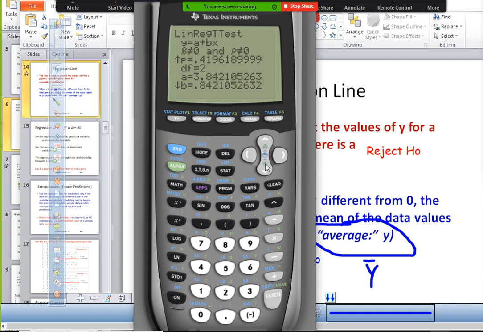Even though I have an A and a B, that line is kind of meaningless. So it makes more sense to use Y bar.